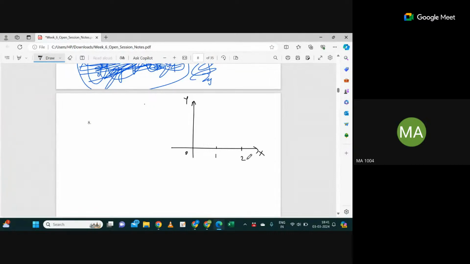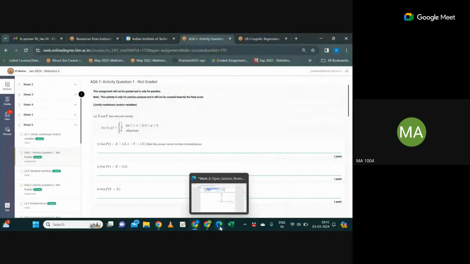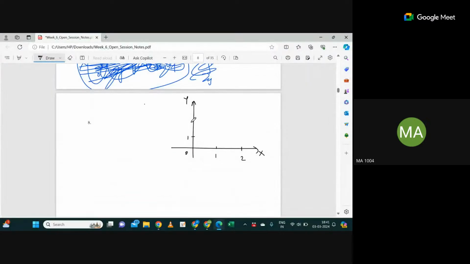And y is 0 to 3, so this is 1, this is 2, this is 3. That means our total support is this one, because x is 1 to 2 and y is 0 to 3. This is my total region.